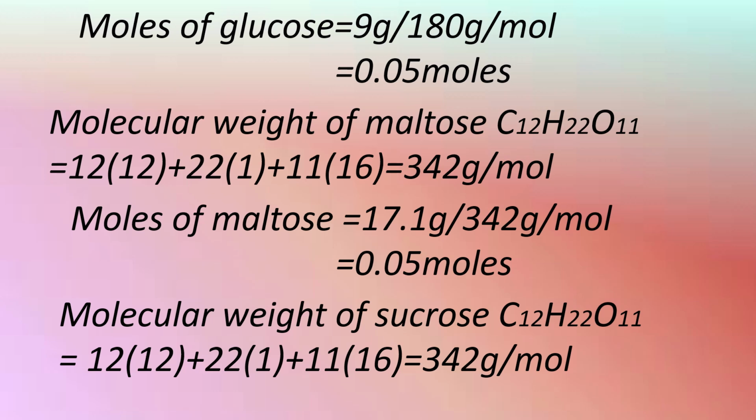Now it's time for sucrose. Molecular weight of sucrose. Sucrose has the same molecular formula as that of maltose, C12H22O11. So molecular weight of sucrose is also 342 gram per mole as that of maltose.